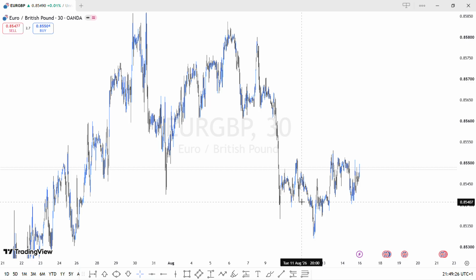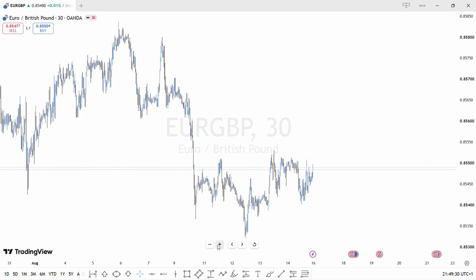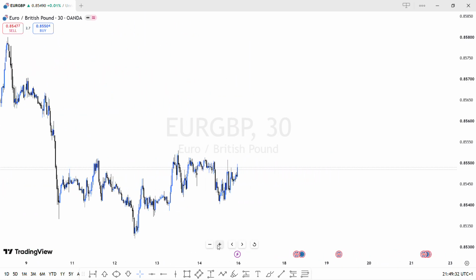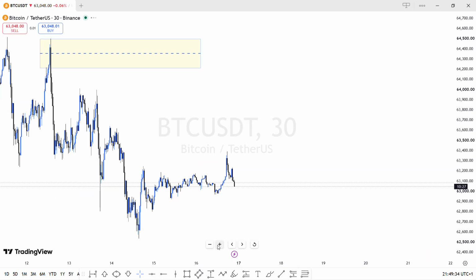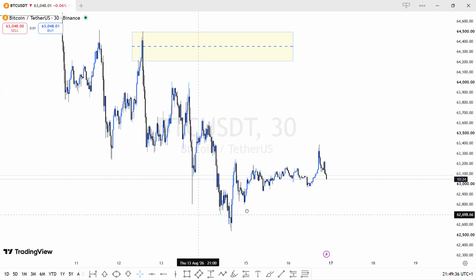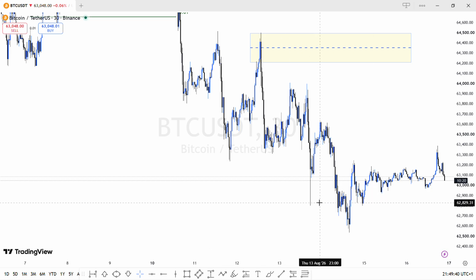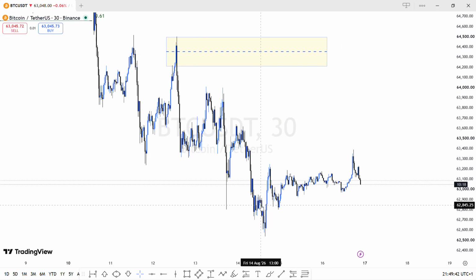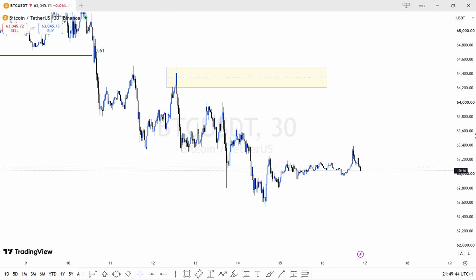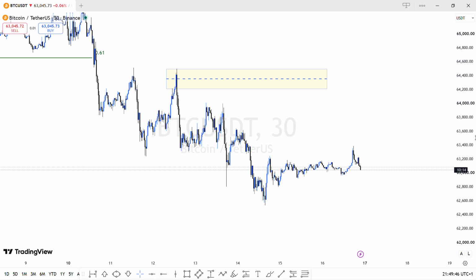Currently on Euro GBP, here is what I'm looking at. On BTC, I don't trade cryptocurrency, but I used to monitor the charts. Basically, I'll just put BTC and Ethereum, just to monitor how the cryptocurrency market moves.